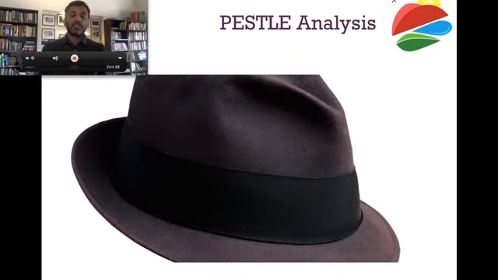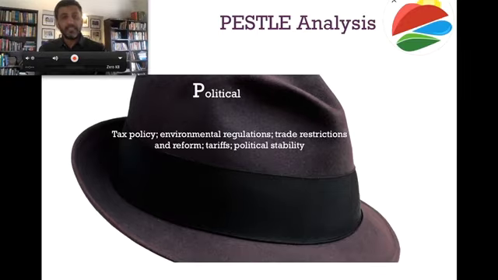Now, what are these individual things? One is political. What falls under political: the tax policy of the government, environmental regulations, trade restrictions, reforms, tariffs, political stability.